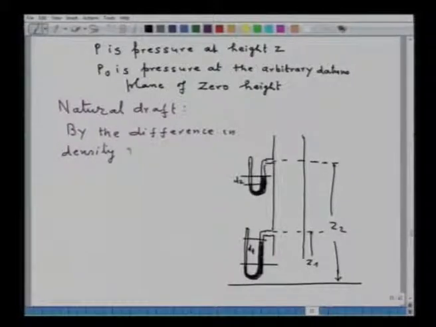Let us consider a vertical column. So this is a vertical column of hot gases.